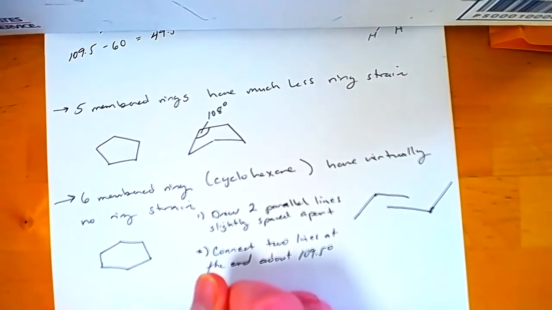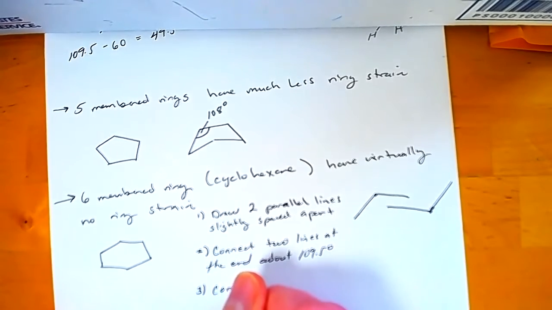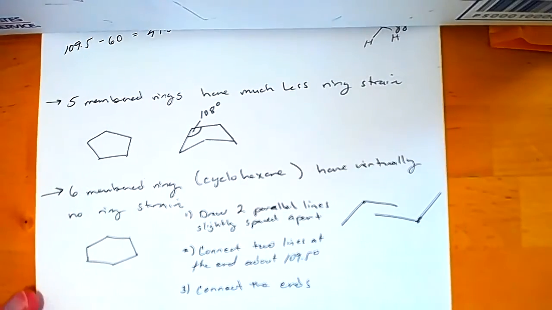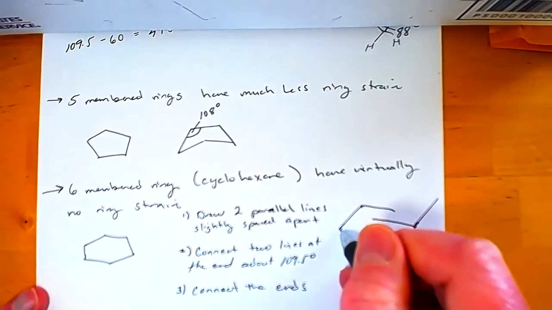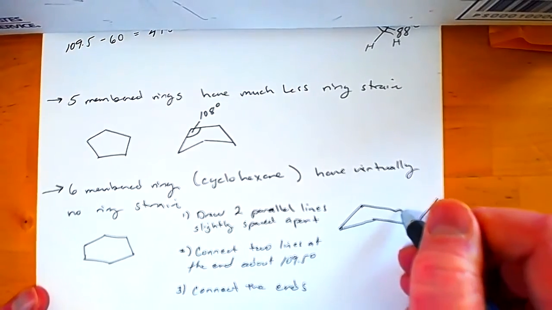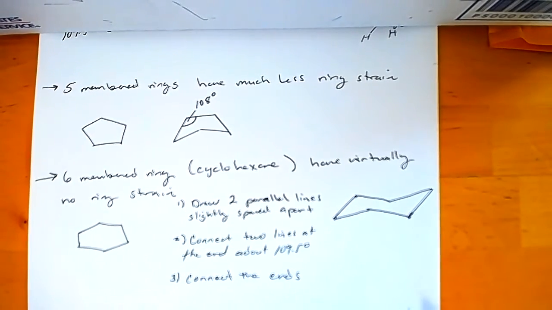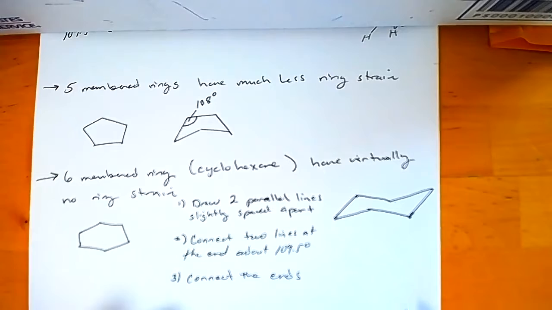And then 3, connect the ends. So that you have these 2 ends connected here, and these 2 ends connected there. Okay, and this is more to how the molecule actually sits.